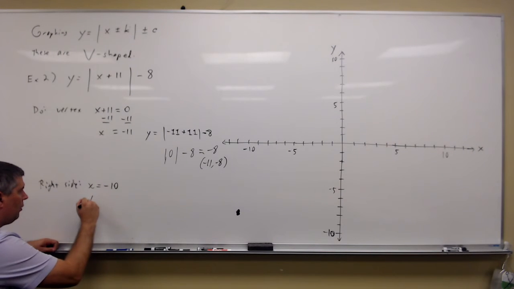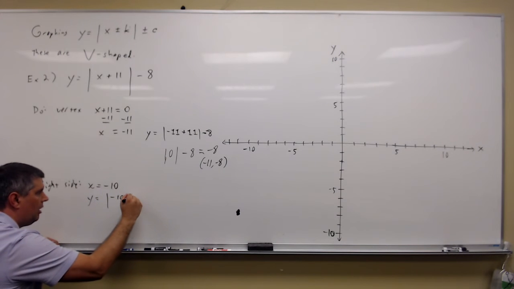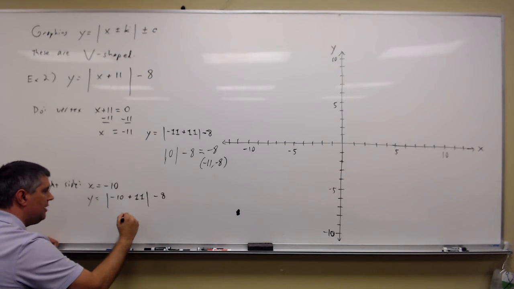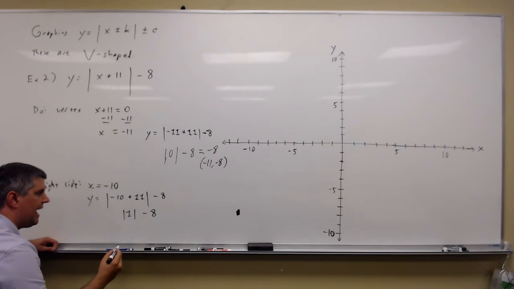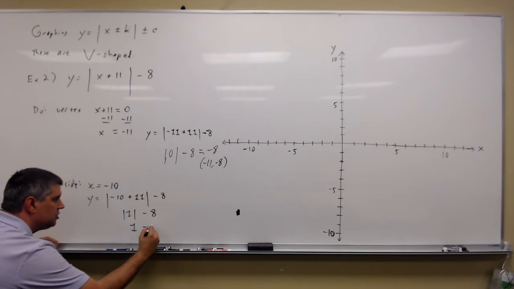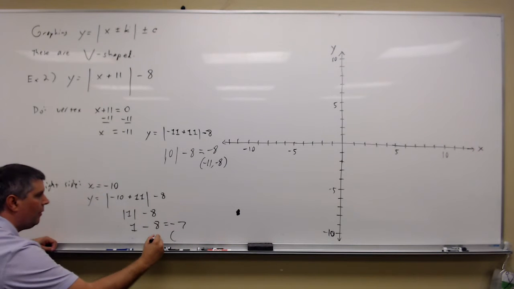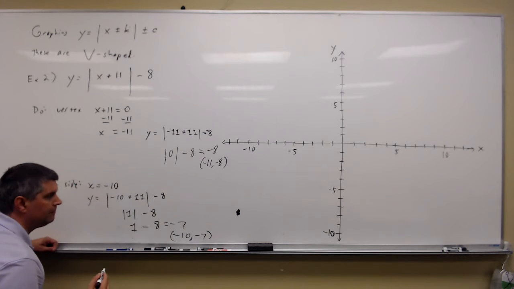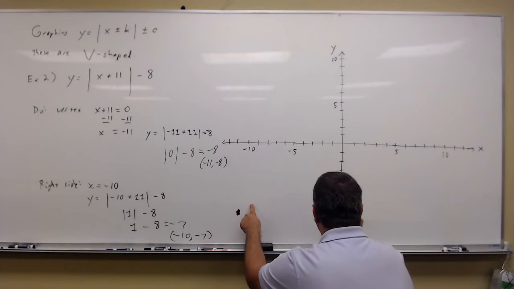So y will equal the absolute value of negative 10 plus 11 minus 8. That's the absolute value of 1 minus 8. The absolute value of 1 is 1. So 1 minus 8 is negative 7. So the right side point is negative 10, negative 7.